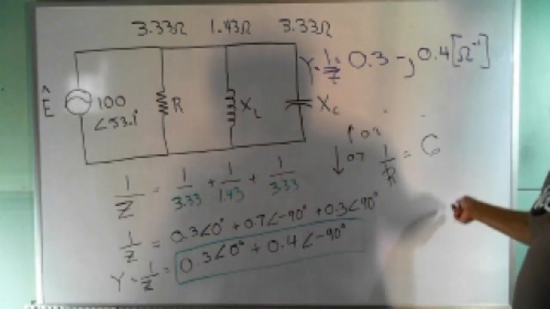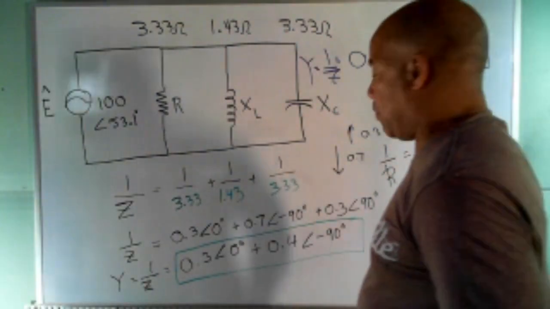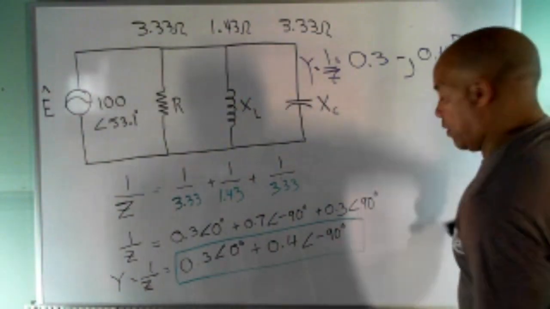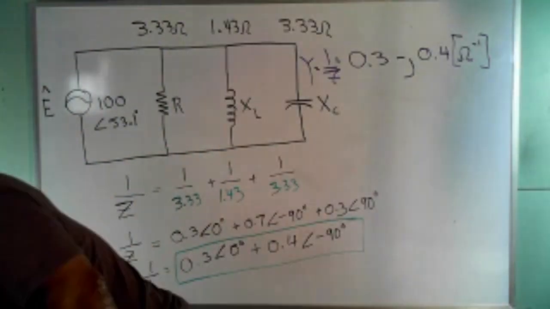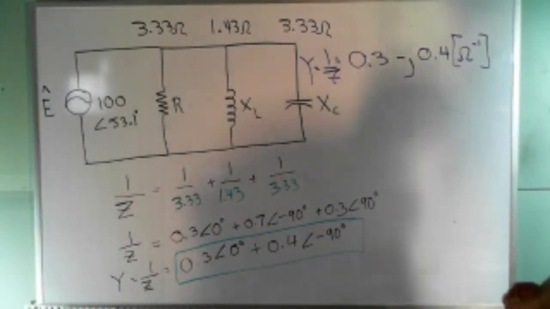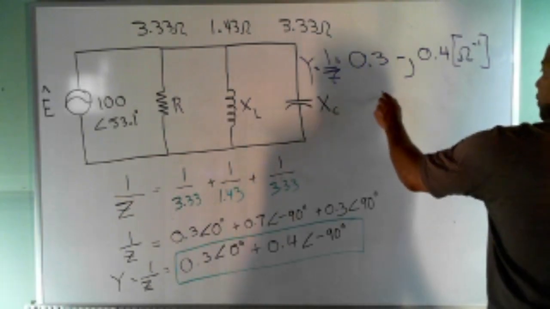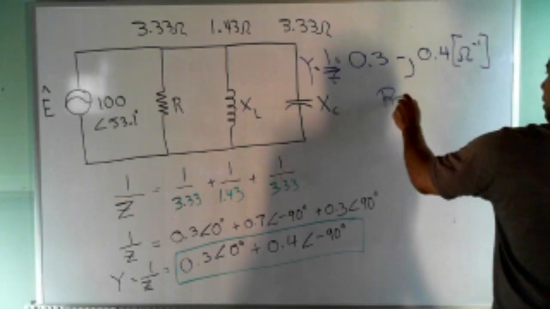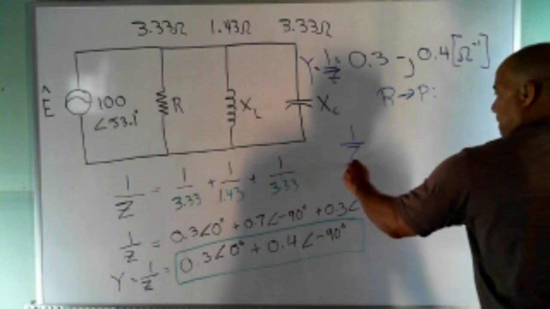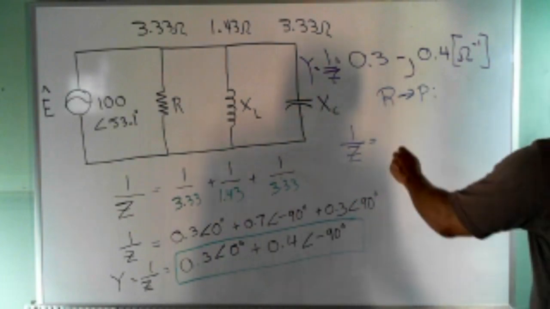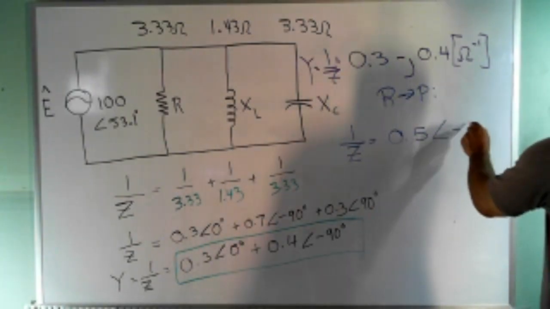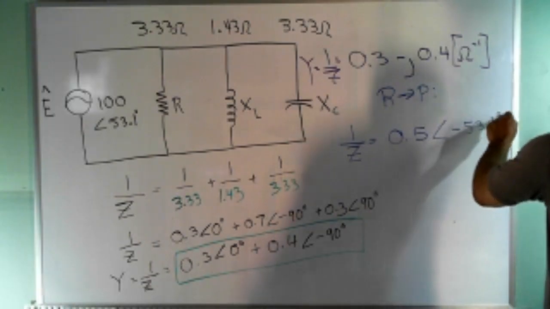And then if you convert that over to polar form, you end up with just one number. What you should have ended up with, if my math is correct, if you do a rectangular to polar conversion, is 1 over Z equal to 0.5 at an angle of minus 53.1 degrees.